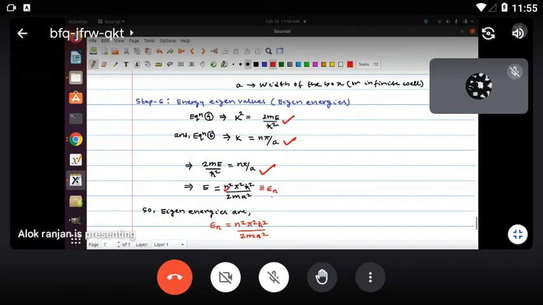Since the quantum state index is appearing here, it is appropriate to use En, the energy eigenvalue. So the allowed energy levels En equal n square pi square h bar square over 2m a square, provided n equals 1, 2, 3.